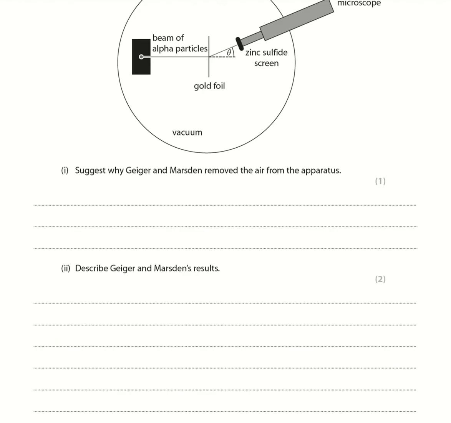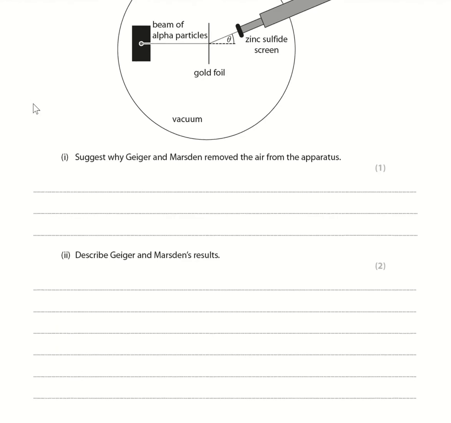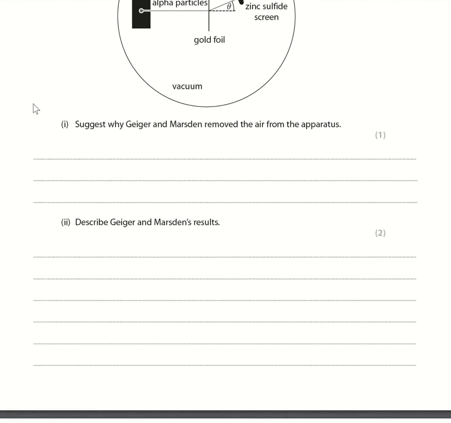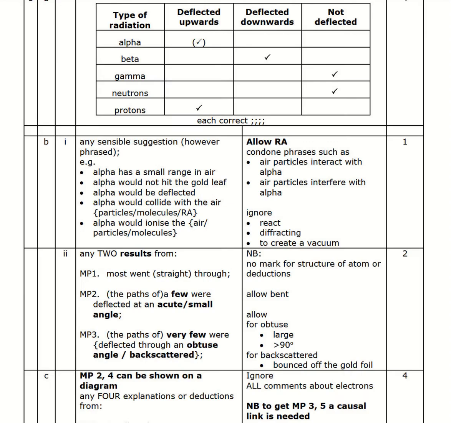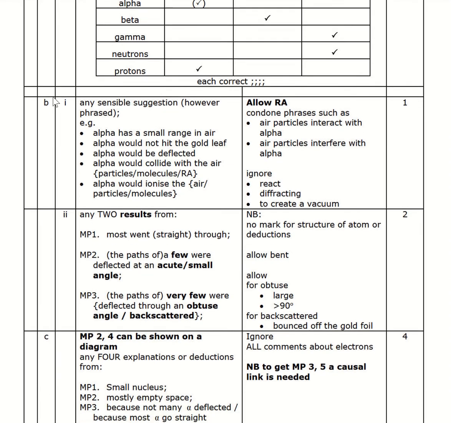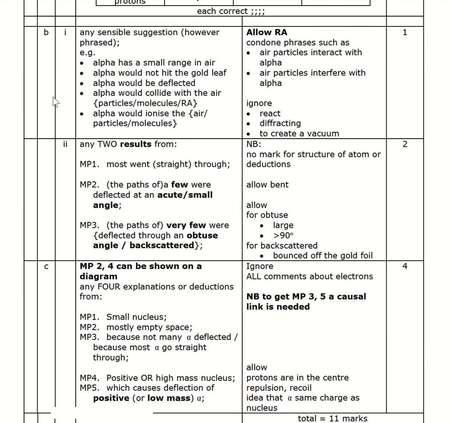And for the next question, Rutherford produced a model of the atom. Describe how Rutherford's model explains Geiger and Marsden's results. You may draw a diagram to help your answer. So it can be shown on a diagram.